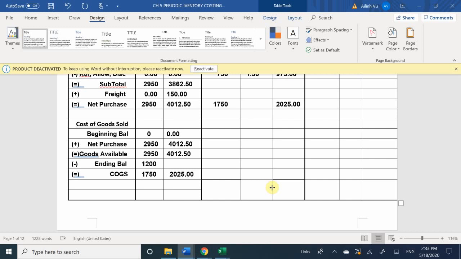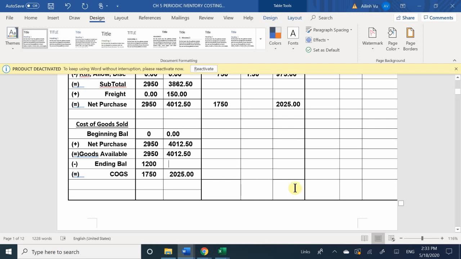Using the same concept from above, how do you solve for the ending balance? Goods available minus the cost of goods sold, and then you get $1,987.50.